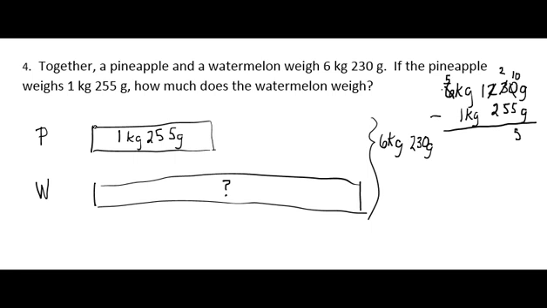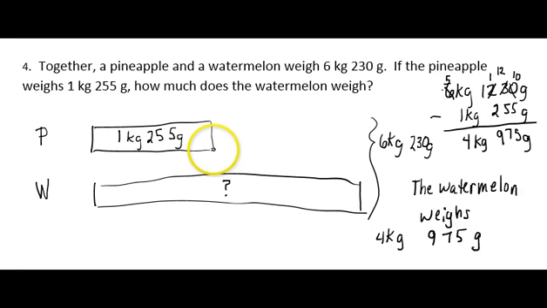I need to regroup again. 12 minus 5 is 7. 11 minus 2 is 9. 5 kilograms take away 1 would leave me with 4 kilograms. So now we know that the watermelon weighs 4 kilograms and 975 grams.